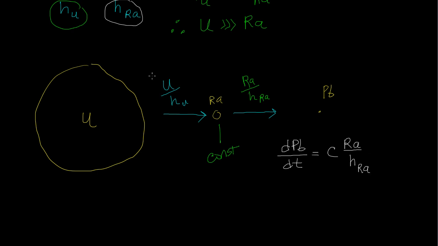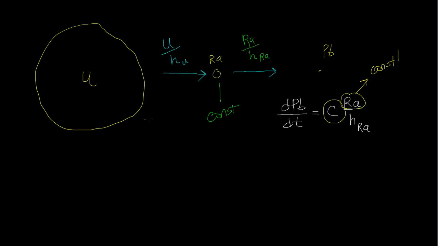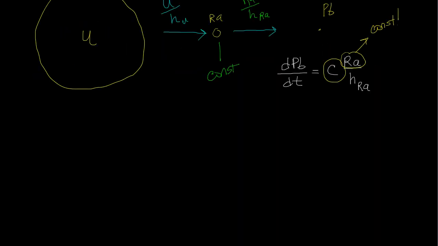But here's the key now. If the concentration of radium due to equilibrium is a constant, as is the half-life, then everything on the right-hand side of this equation is a constant.